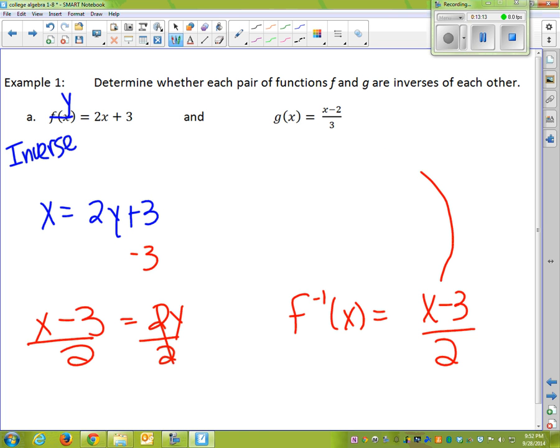Is that the function they gave me? Are these the same thing? They are not. And that means no, they are not inverses of each other. So you find the inverse of one, and if it matches the other they give you, your answer is yes. If it doesn't match it, your answer is no.